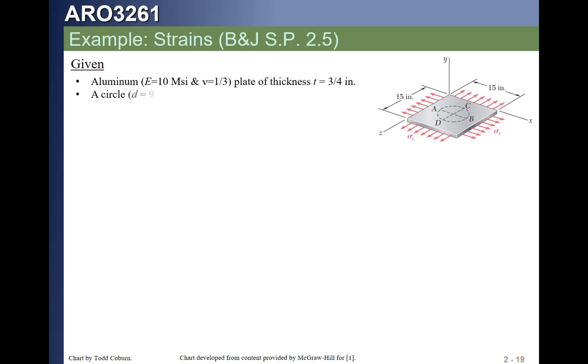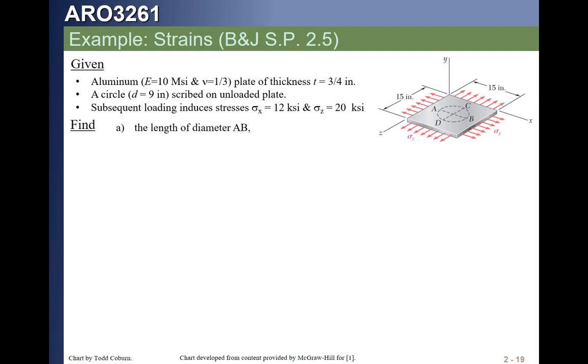Here's a little example. I wanted to give you a couple of problems that are relatively simple but look tricky. This is just like a problem out of Beer and Johnson. If we have a little plane stress element, which means we have one face that's unloaded, and we've got stresses on the other two faces, we want to find what the lengths AB and DC are.